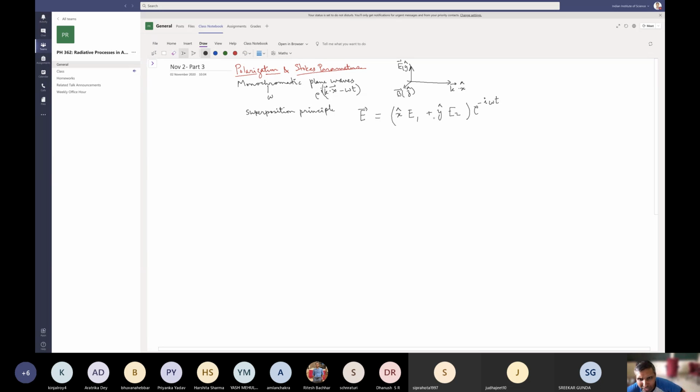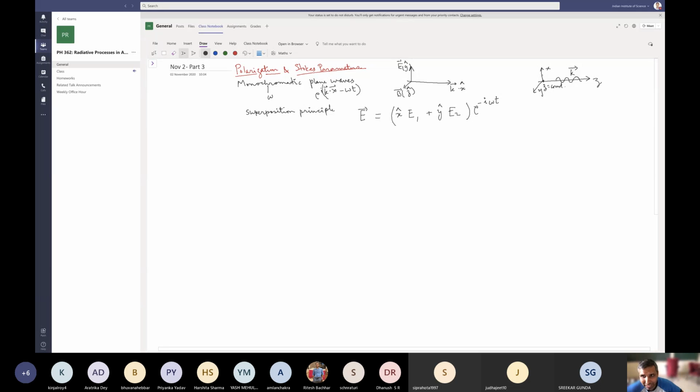So what I'm doing here is I have fixed my position z. Let's say this is the z direction, x direction, y direction. So x, y, z should form a triad, make sure that's true. My wave is propagating in this direction, my k is along this direction. And I am sitting at some position, some z equals constant position, and I'm measuring my electric field in the xy plane.